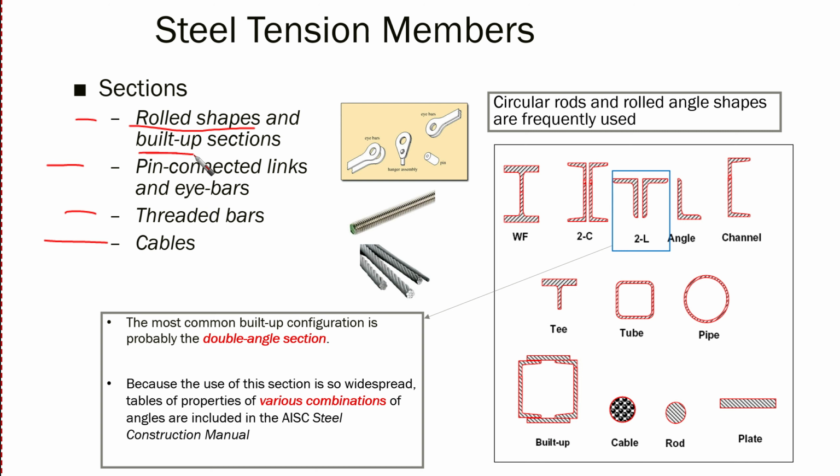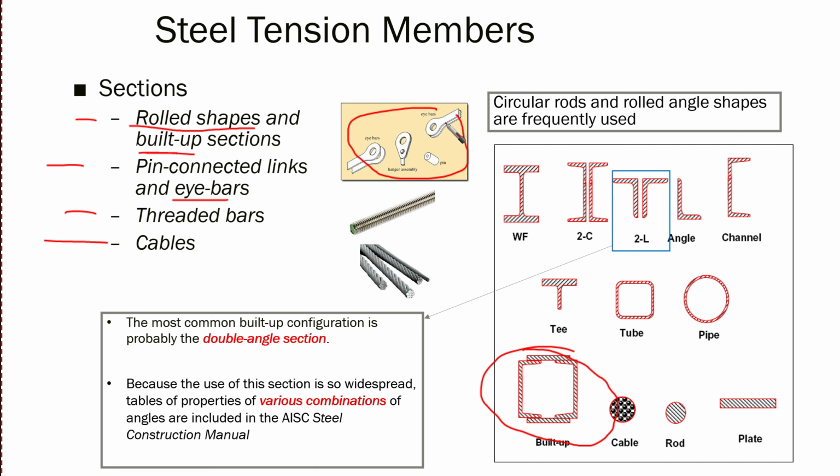Maybe it's not only one section, but a built up section. As you can see here, we can build this cross section from two channels and two plates. Then there are pin connected links and eye bars. Sometimes we use links and connect them with eye bars, something like this.